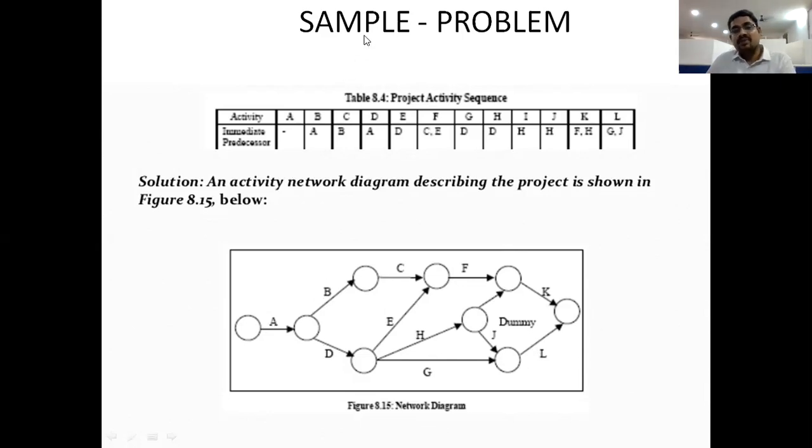This is another sample problem. Just write it, and just practice in your home, right? Just draw this network diagram and this problem, right?